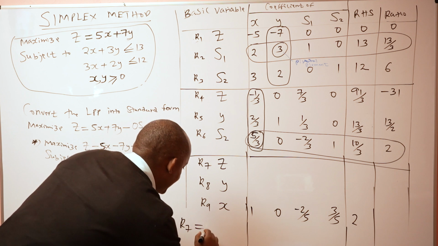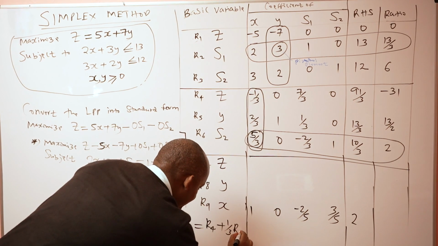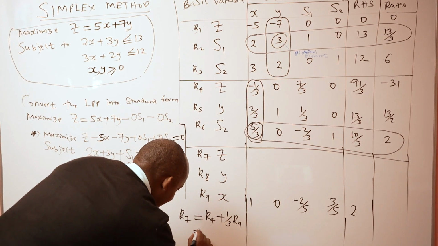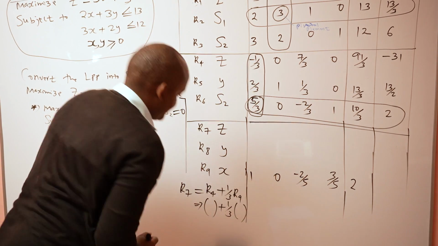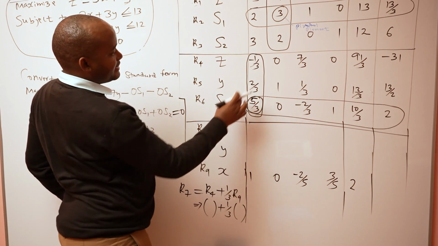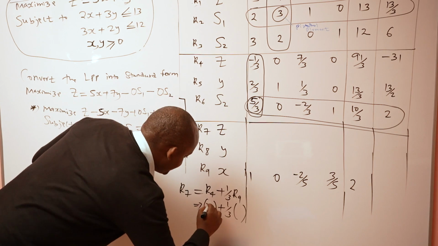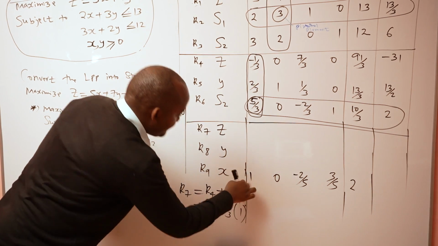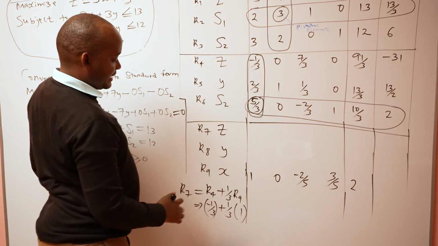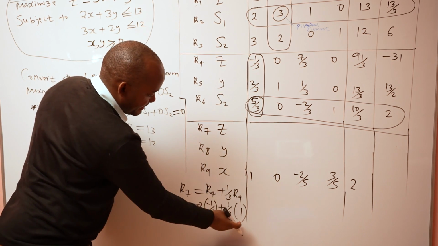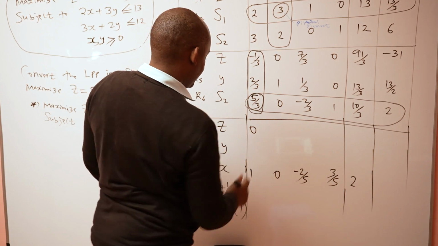That can be done by taking row number 4 and adding a third multiplied by row number 9, which implies that this will be something plus a third multiplied by something. I pick that operation because that is the only operation that will reduce this entry to 0. That is, negative a third is in row number 4, 1 is in row number 9. This will be negative a third plus a third, which equals 0.